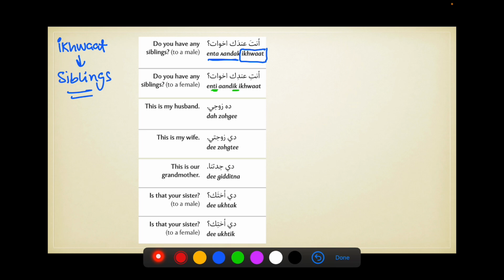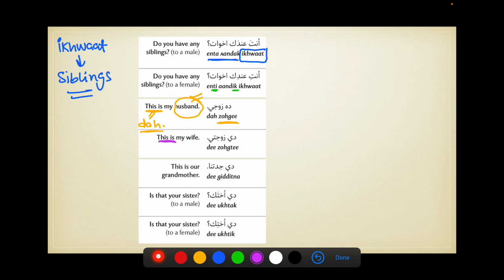Anti andik ikhwat. Now let's see the next example, which is, this is my husband. This is will be da, because we're talking about a masculine noun here, which is husband, so we will use da and not di. So it will be da zogi. Zogi means my husband. This is my wife.